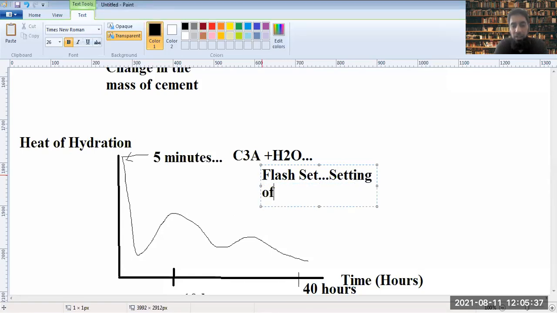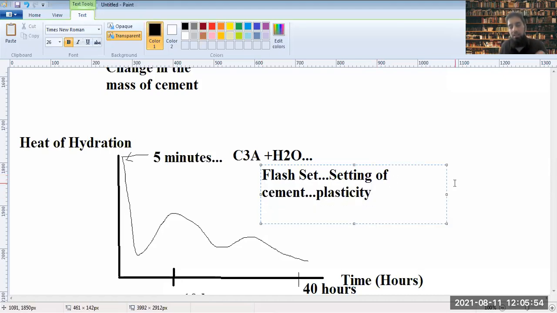Set is setting of cement. We usually confuse setting of cement with it attaining some amount of plasticity.